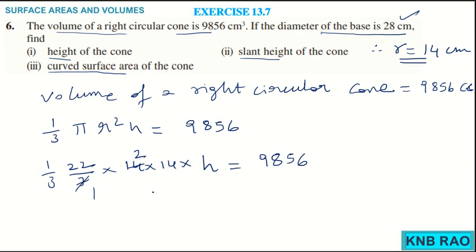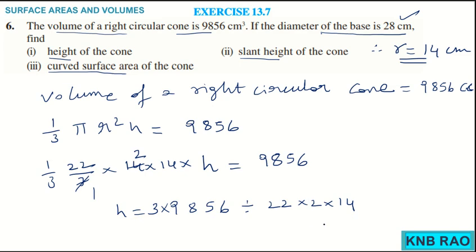Now h is calculated by transposing this 22 into 2 into 14 and this 3, which is a divisor, goes and does multiplication. So h is equal to 3 into 9856 divided by 22 into 2 into 14.